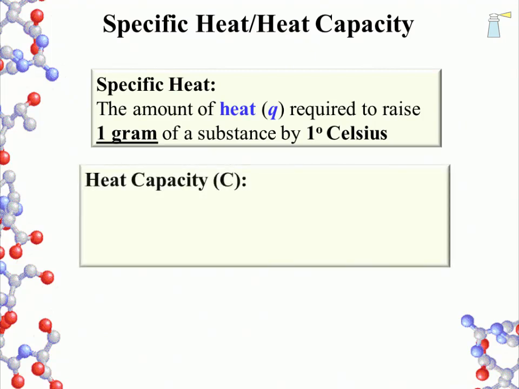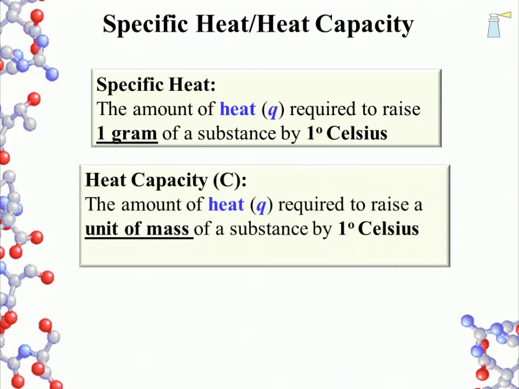Heat capacity, C, is the amount of heat required to raise a unit of mass of a substance by 1 degree Celsius. These two definitions only differ in their quantity of matter. Specific heat only applies to a mass of 1 gram. Heat capacity is dependent on the amount of matter and will be the quantity generally used because it is a broader definition.